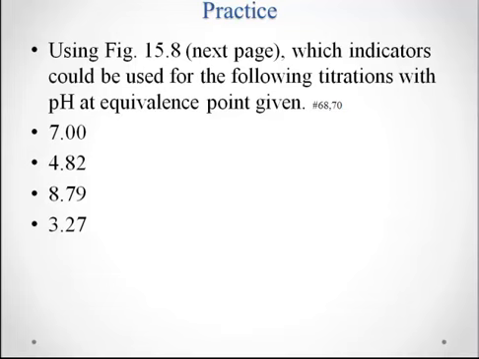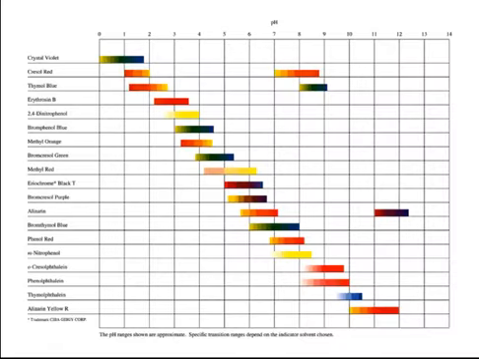So here's a couple things. We're going to look at this figure right here, figure 15.8 in just a second, and we're going to decide which indicators would be best. We want an equivalence point of 7. So let's look at this. Now I don't know if you could pause that or not, but you could see where the pH works, based on this.